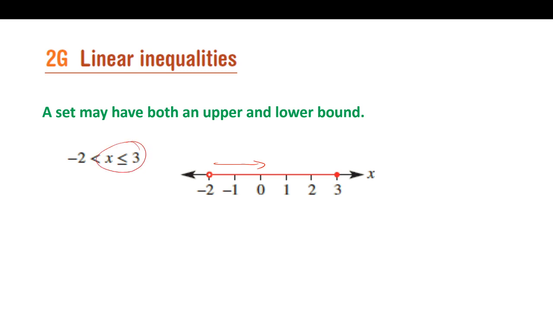Our last bit says x is less than or equal to 3, so we colour in the circle at 3 because it's equal to, but then we want the numbers less than, and we draw the arrow that way. Because we have two intervals going towards each other, we just connect the two lines between the two dots.